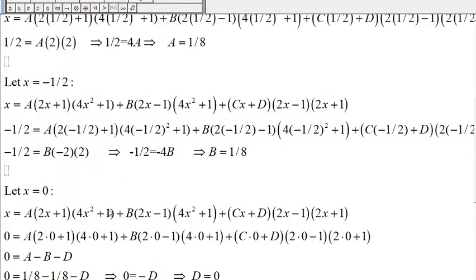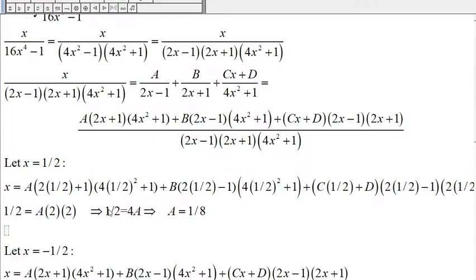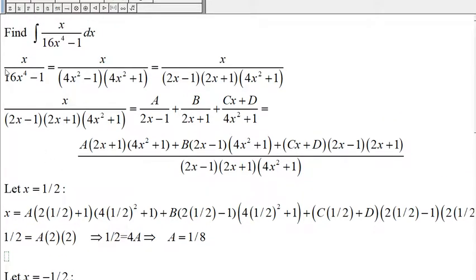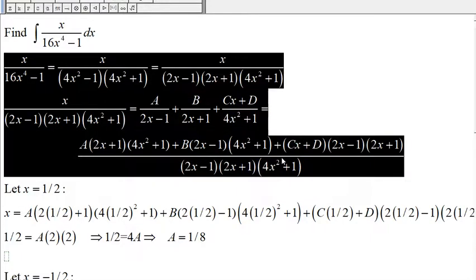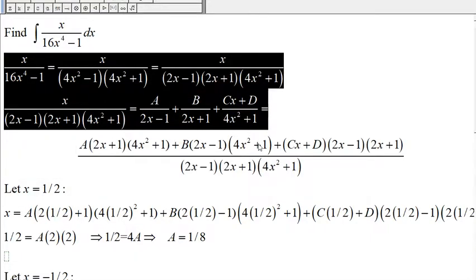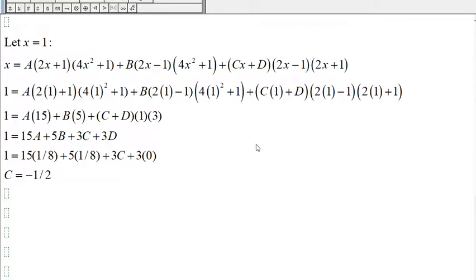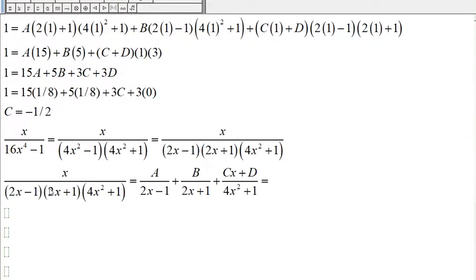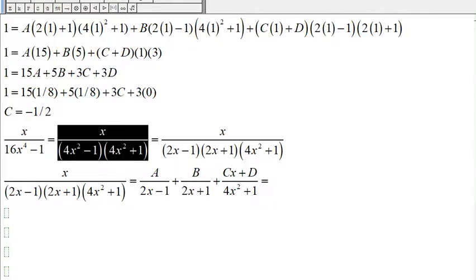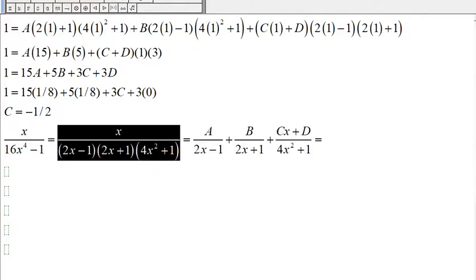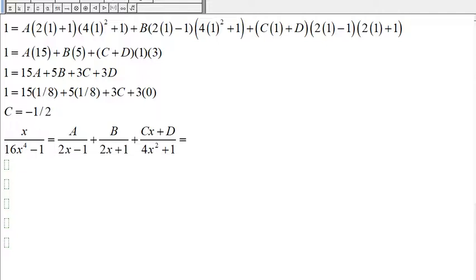And so our integral now becomes this. A is 1/8. B is 1/8.